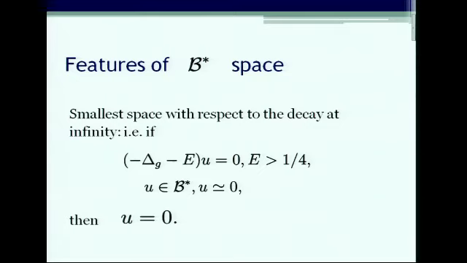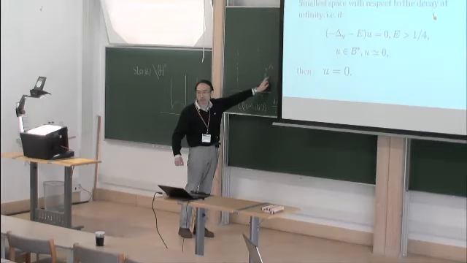And what is the feature of this space? This is the smallest space with respect to the decay of the solution for the Helmholtz equation. Namely, if you have a solution to the Helmholtz equation which decays faster than the elements in B star, then it must vanish identically. So it means that this is the fastest decay of physical solutions to the Schrödinger equation.